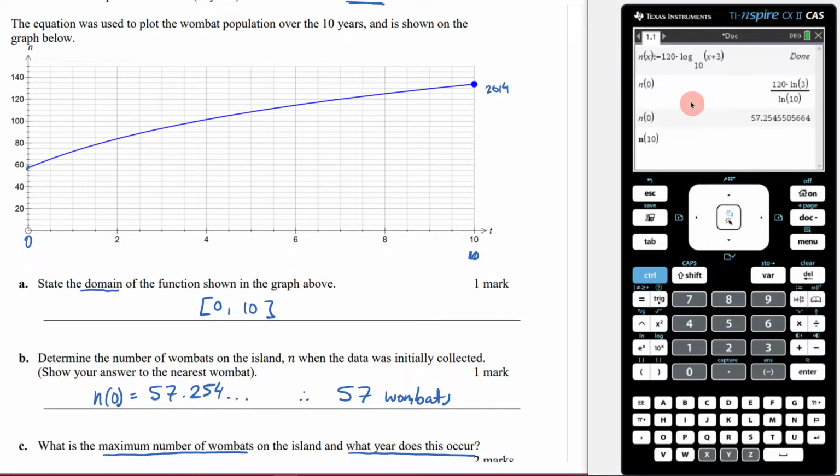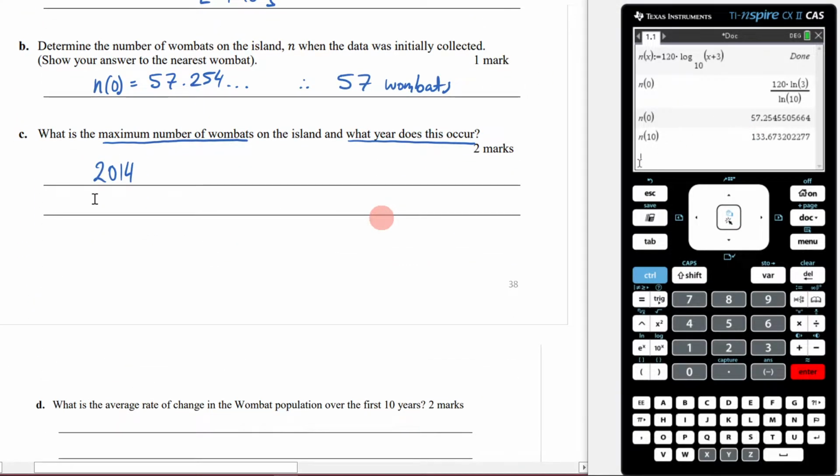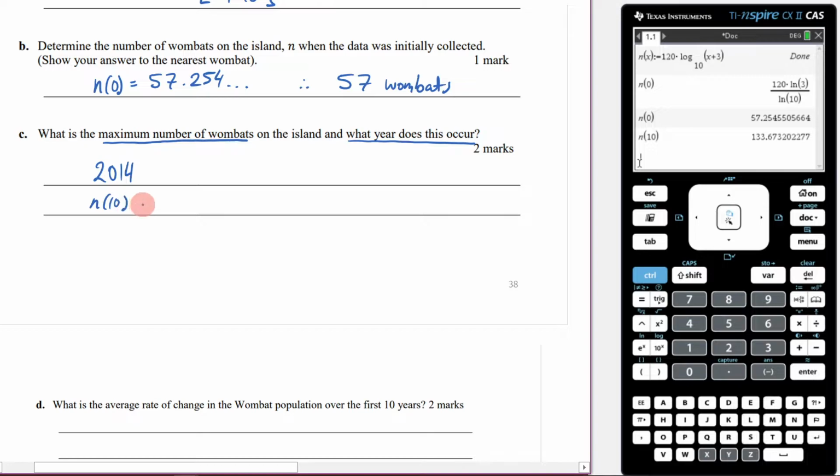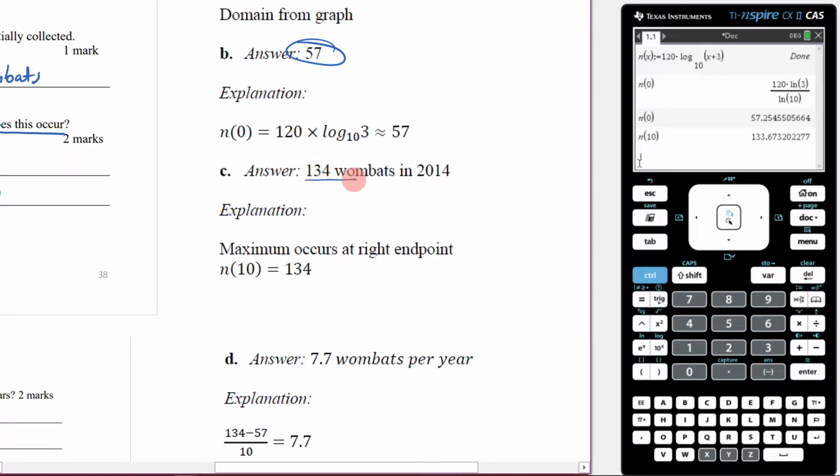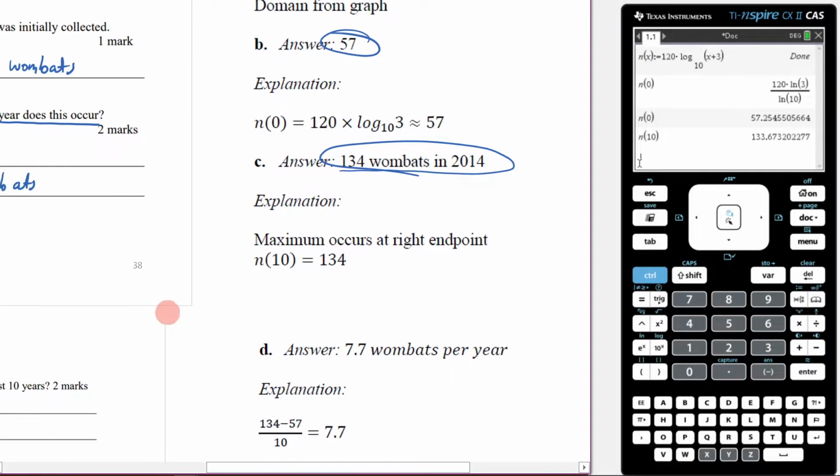I hit control enter, and I'm going to end up with 133.67. Therefore, once we round to the nearest wombat, 134 wombats. If we look over here, you can see we're going to get 134 wombats in 2014.